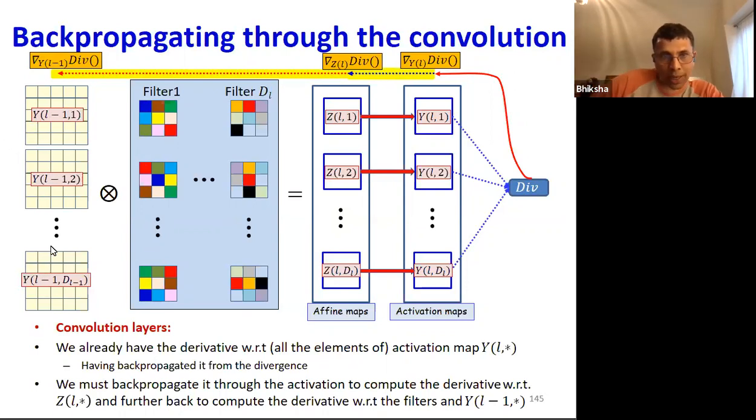You sum them all up, and when you sum them up, you're going to get one of these affine maps over here. So if you have D filters, each of these D filters is going to produce one affine map in the next layer, and then we will apply activations pointwise to them to get the activation maps of the next layer. So this is for the convolution layer.